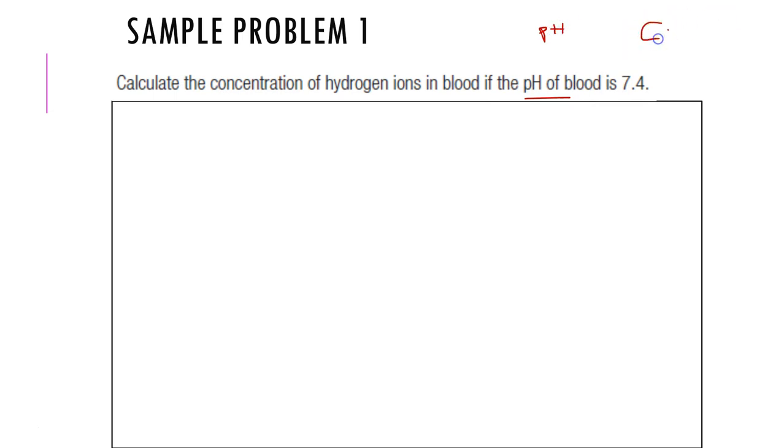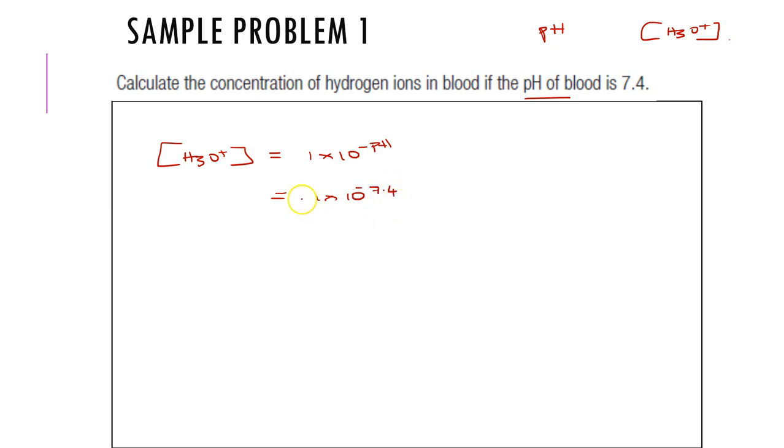We want to find the concentration of hydronium. Okay, so we can use the fact that, remember, the concentration of H3O plus was equal to 1 × 10 to the negative pH, or 10 to the negative pH. So in this case, it's going to equal 1 × 10 to the negative 7.4.